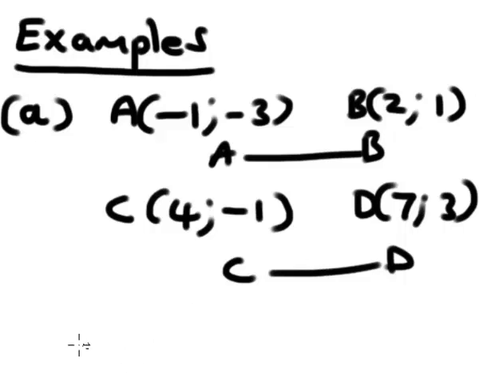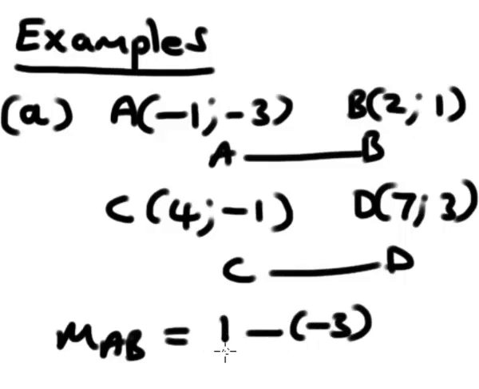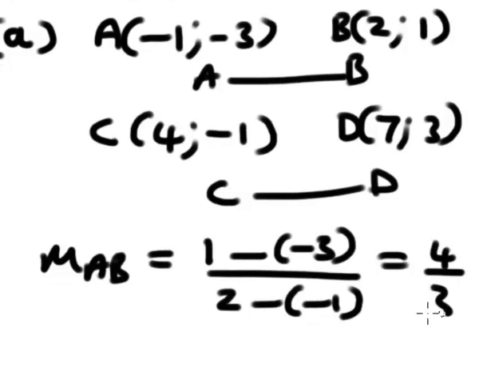Okay, so what we do is we work out the gradient of AB firstly. Well, what would that be? The gradient of AB is y of B minus y of A, so it's 1 minus negative 3 over 2 minus negative 1, so that's 4 over 3. What is the gradient of CD?